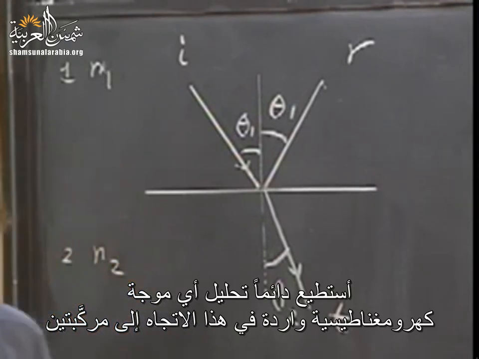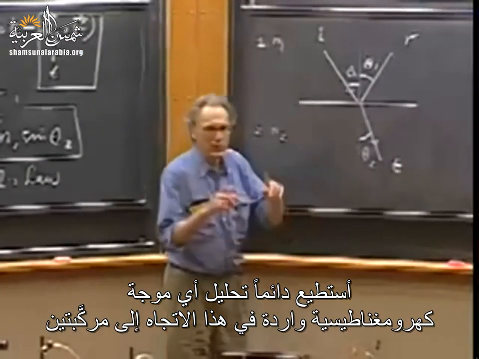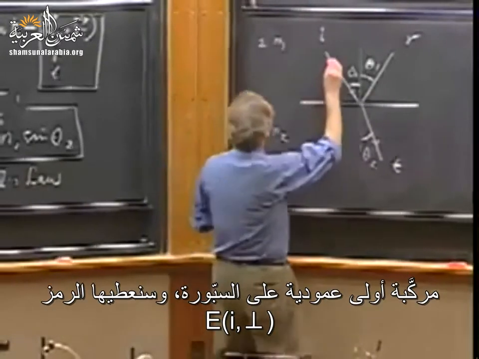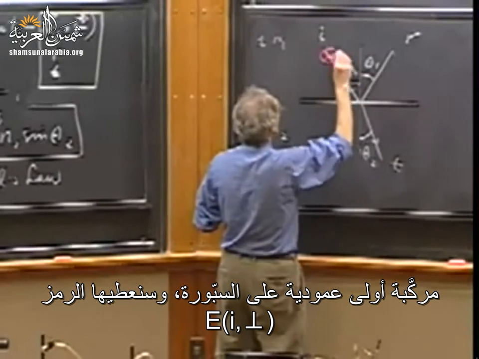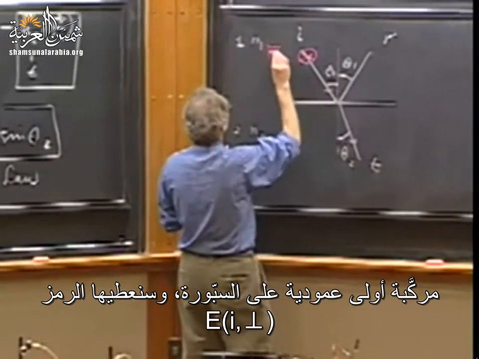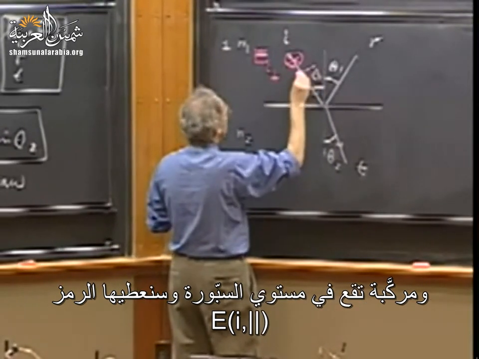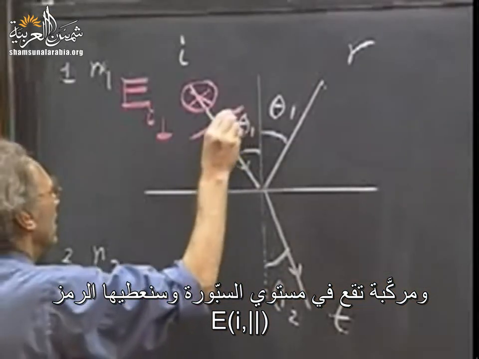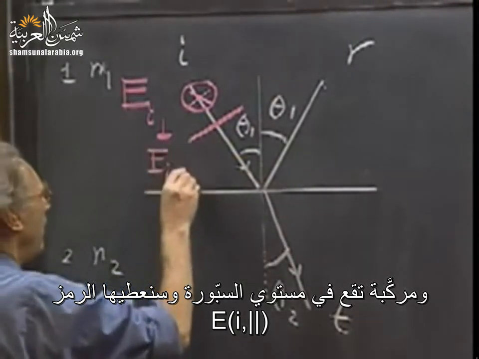I can always decompose any electromagnetic wave that comes in this direction into 2 components. One component which is perpendicular to the blackboard, which we will give the symbol EI perpendicular, and one component in the blackboard, which we will call E of I parallel.